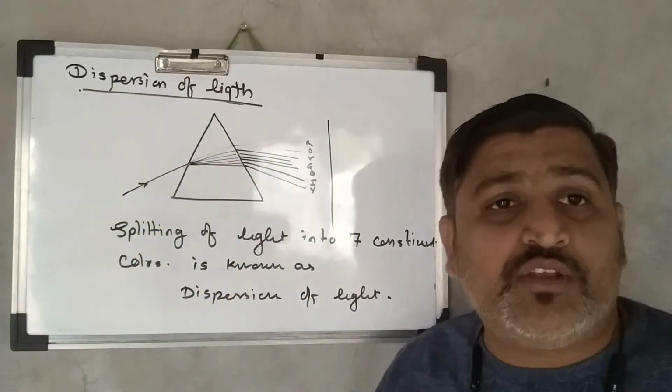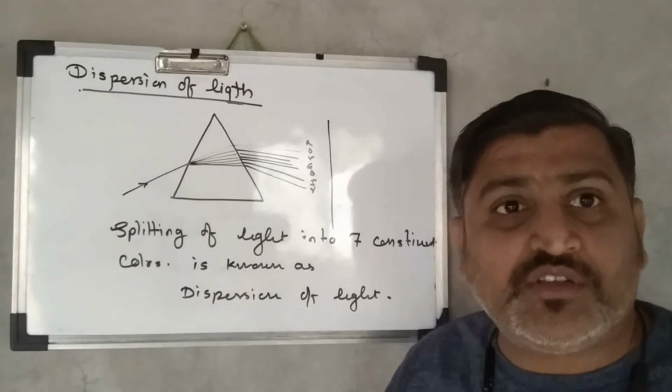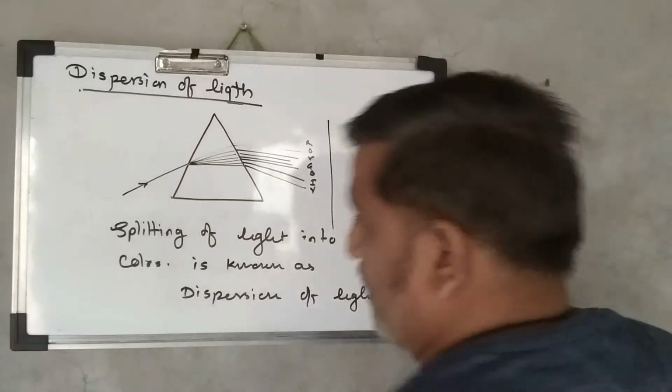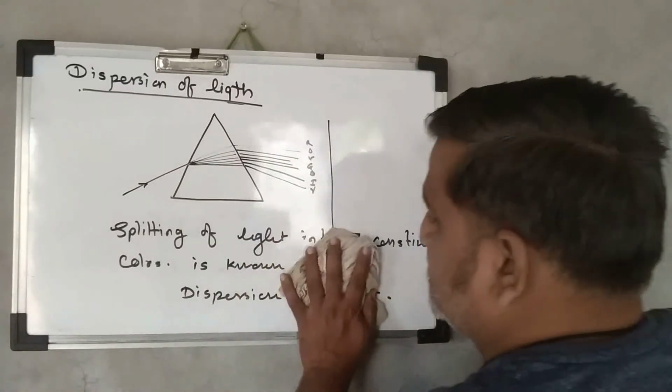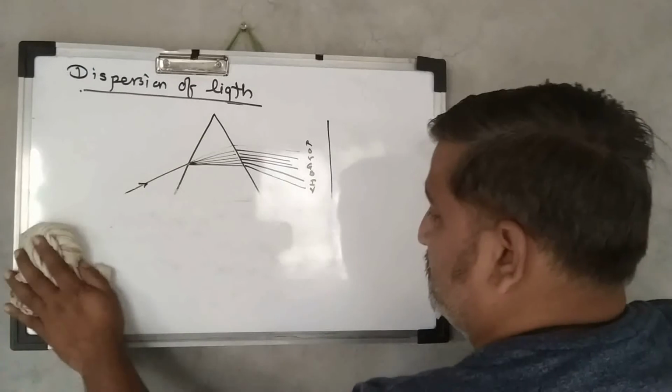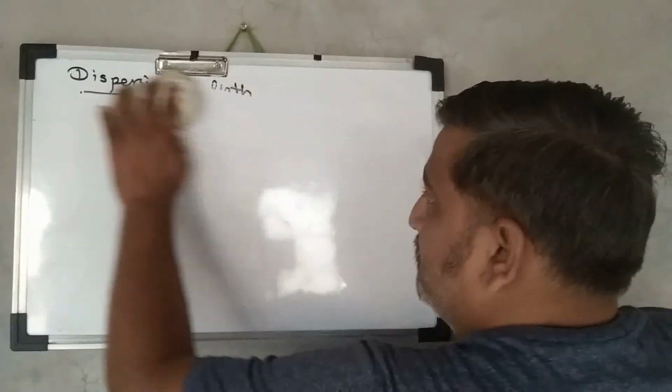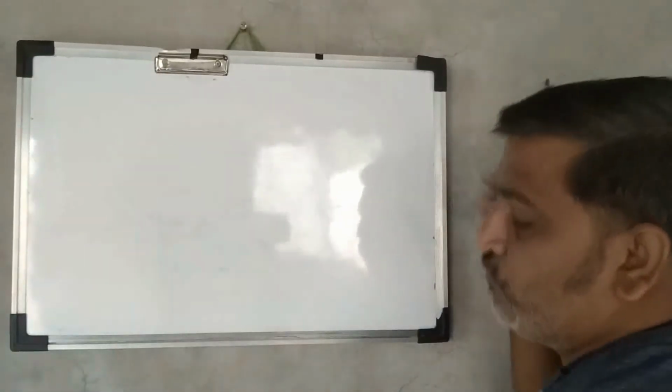Now we are going to study what is the cause of dispersion of light. Why does this ray of light get dispersed when it passes through the prism? In the case of the rainbow also, you find the rainbow exactly opposite to the sun, right?